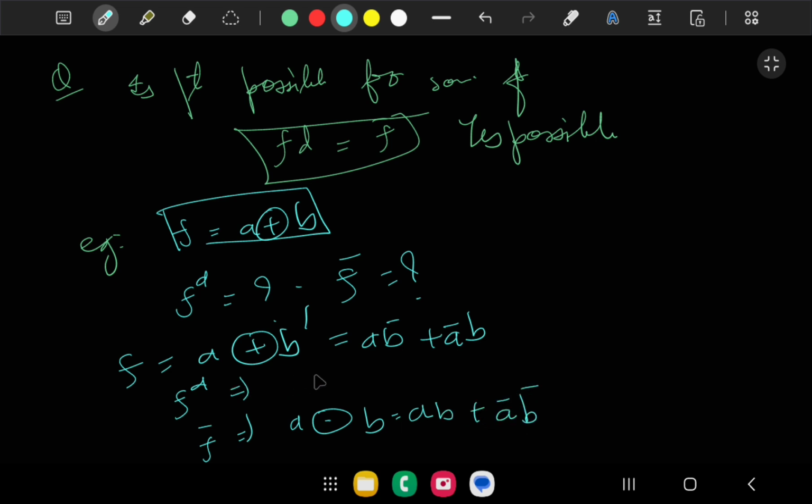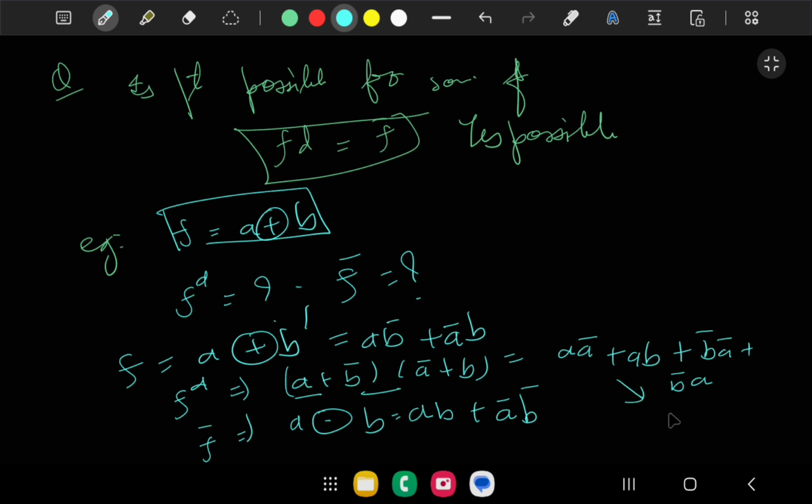What will be f dual? That will be a plus b bar, a bar plus b. That is equal to, if you apply the distributive property, a with a bar, a with b, b bar with a bar, b bar with b. So what you're getting? ab plus a bar b bar.